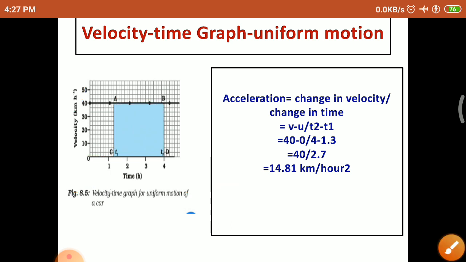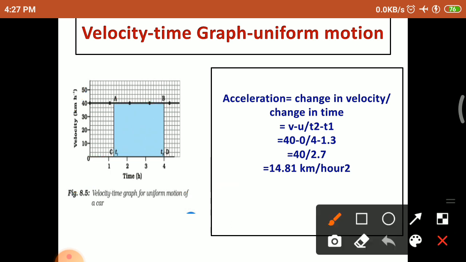So see here, the v value is 40, so I wrote 40. The u value is 0, so 0. And the t2 value here is 4. See, the t2 value is 4.